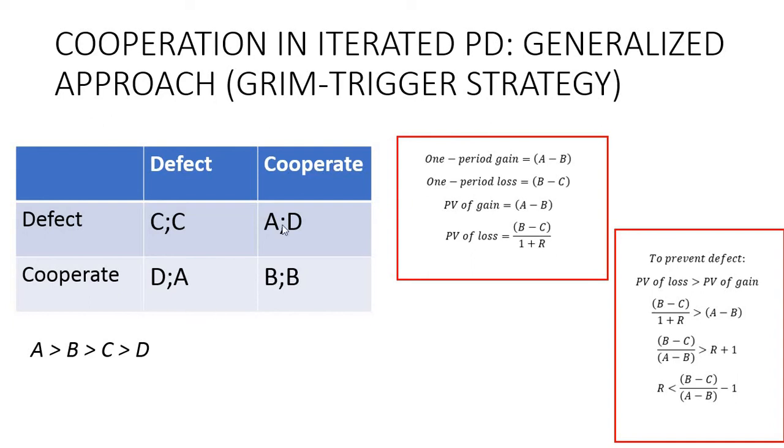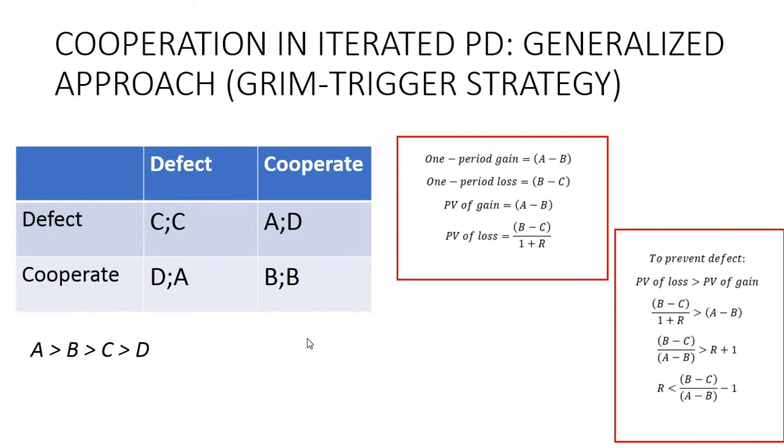Okay, so we start as usual here, cooperate, and 1 period gain from defection is equal to A minus B. So if the first player betrays the second player, then the first player will get A instead of B, and 1 period gain is calculated as A minus B.